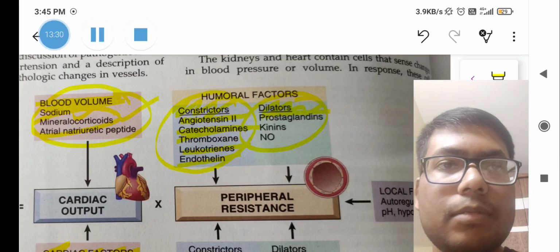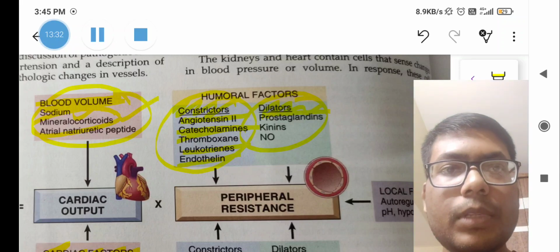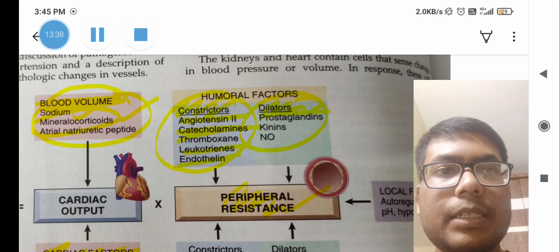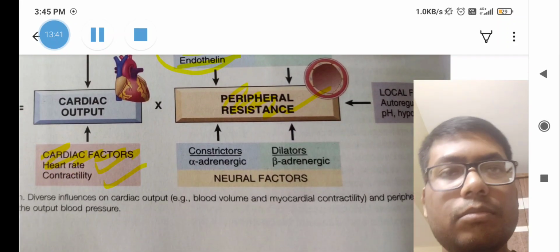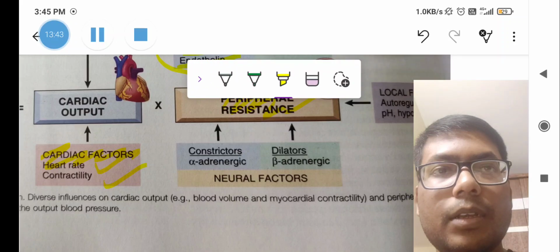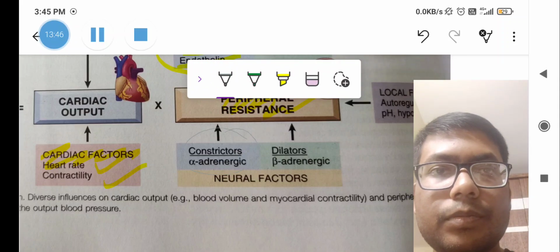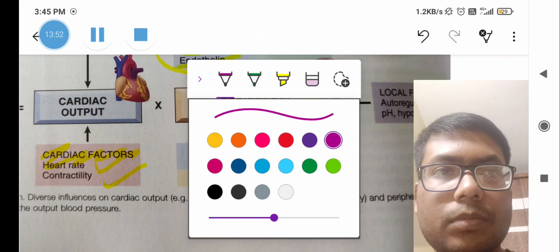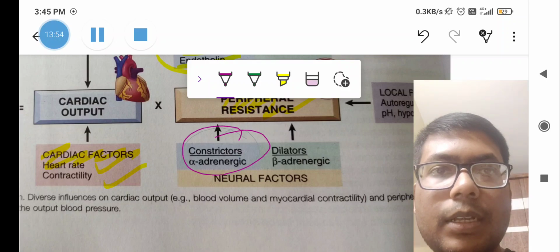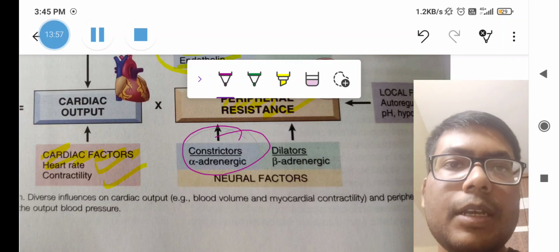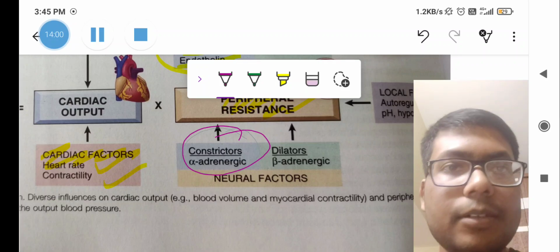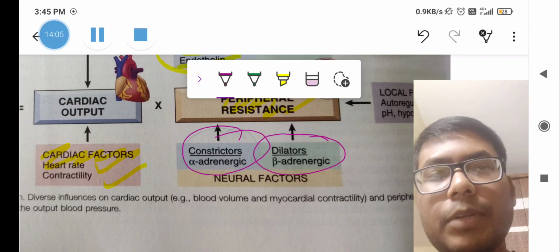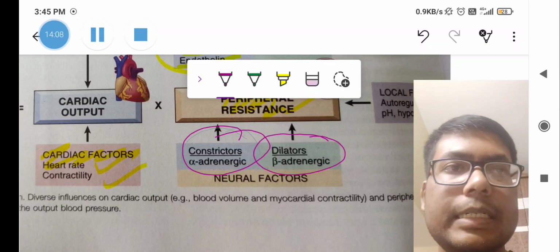And the dilators are prostaglandins, kinins, and NO. These affect the peripheral resistance, and also our sympathetic system, the alpha adrenergic part, which constricts, and beta stimulation, particularly beta 2 receptors, which are the vasodilators.